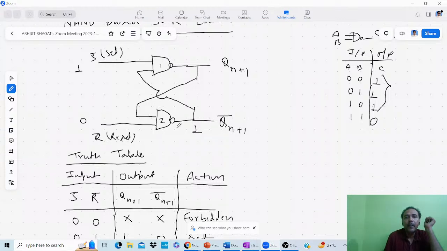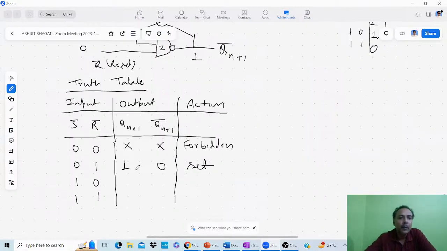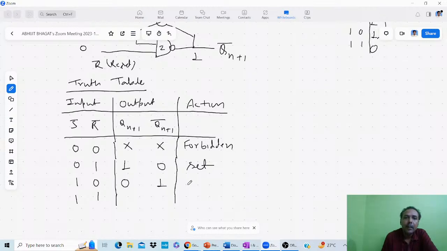Now this is 1, means this is 1. 1 1, when both are 1, your output of the NAND gate is 0. So here you are getting this. Okay. So your Q is 0 and Q bar is 1. For 1 0, your Q is 0, and 0 means reset.